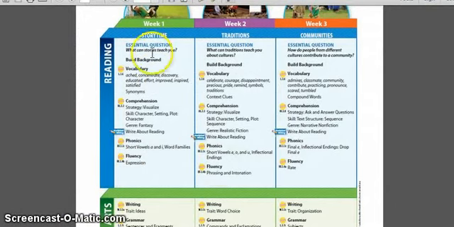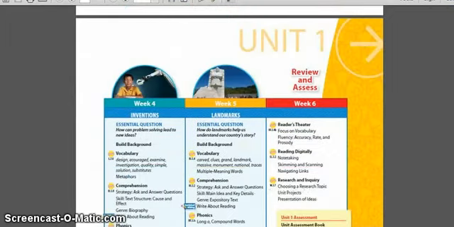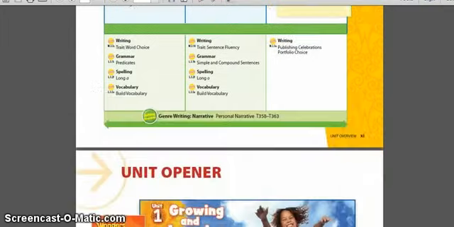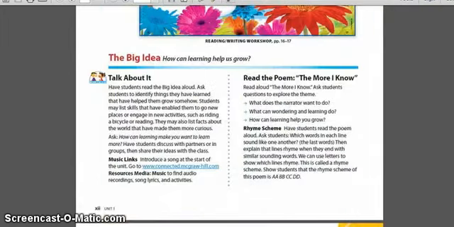All right, and so I notice here week 1, build background. Week 2, build background. Week 3, build background. Right? I can take a look and I see that every single week they are building students' background. They're providing them with some vocabulary here. If I go into an actual lesson, okay, so let's see, this is a unit opener, right?